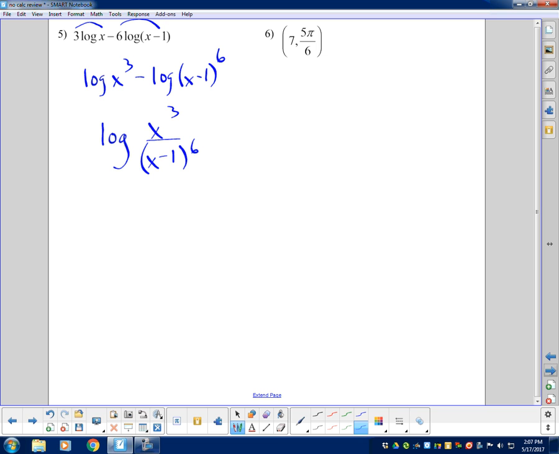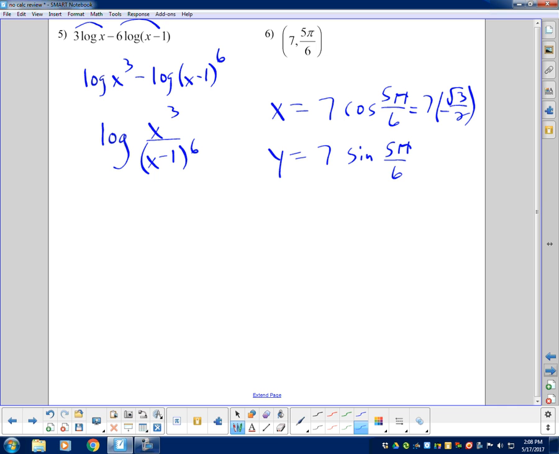All right, number 6, we're changing this from polar to rectangular. So it says find the rectangular coordinates of this thing. So I would just say, okay, x is going to equal 7 cosine 5 pi over 6, and y is going to equal 7 sine 5 pi over 6. So this is 7 times cosine of 5 pi over 6, which is root 3 over 2.